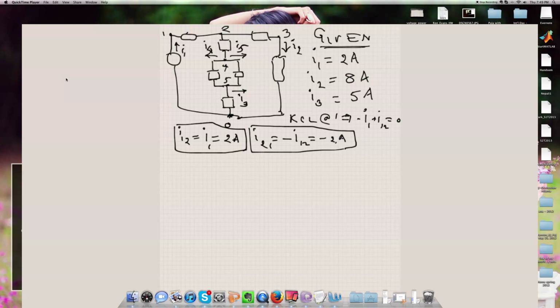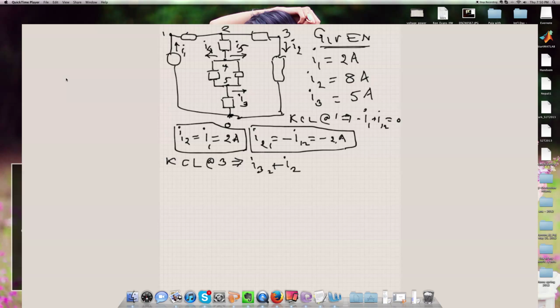The next problem is about I32, which is from node number 3 to node number 2. Now, we can use the KCL at node number 3. So again, Kirchhoff's law at node 3 will give us, using passive sign convention, I32, so that's leaving node number 3, I32 has to be plus, and I2 is also plus.